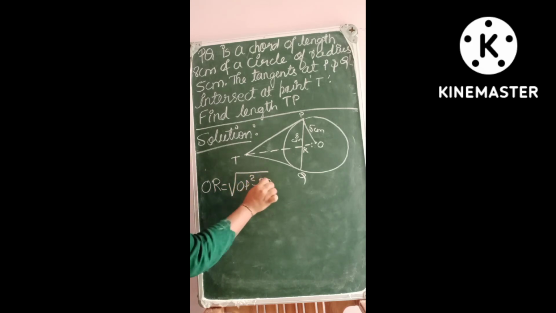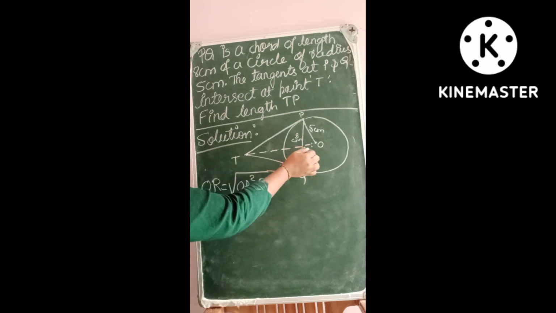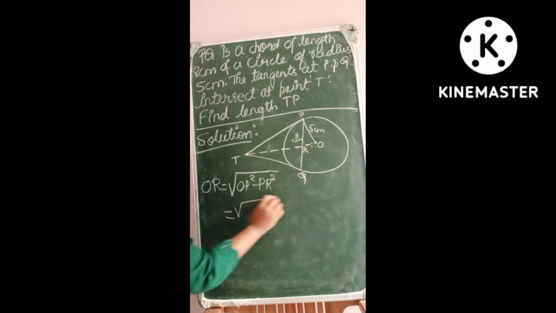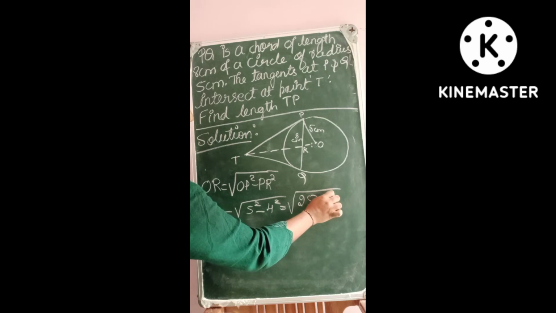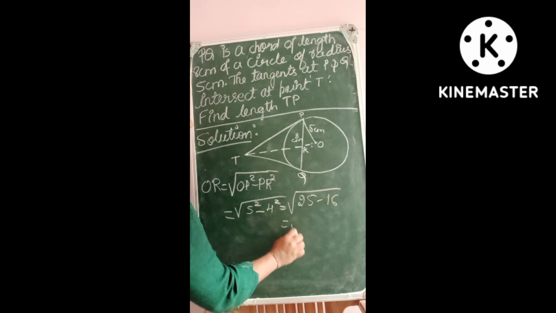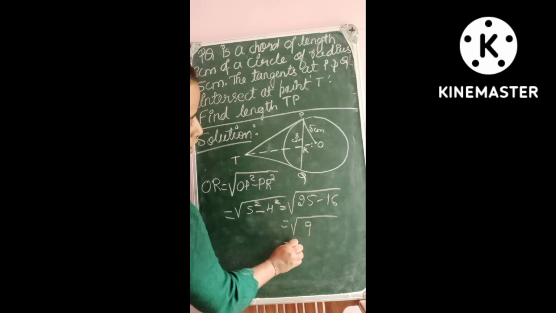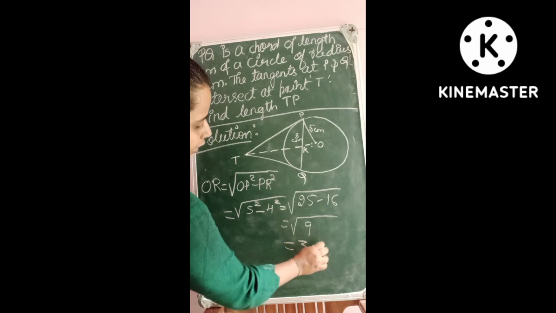From this diagram OP is equal to 5 cm, so that is root of 5 square minus 4 square, which is root of 25 minus 16, that is root of 9, or 3 cm.